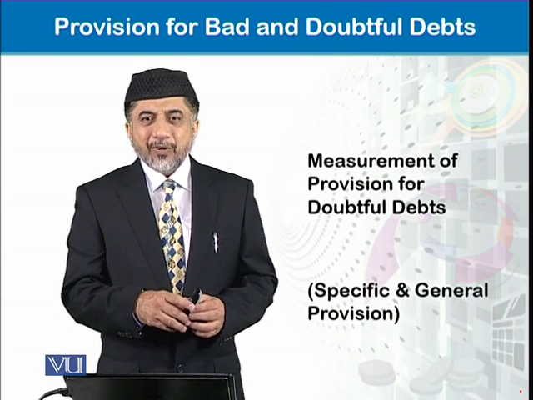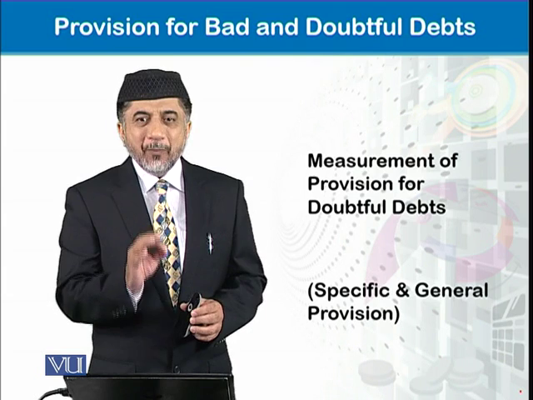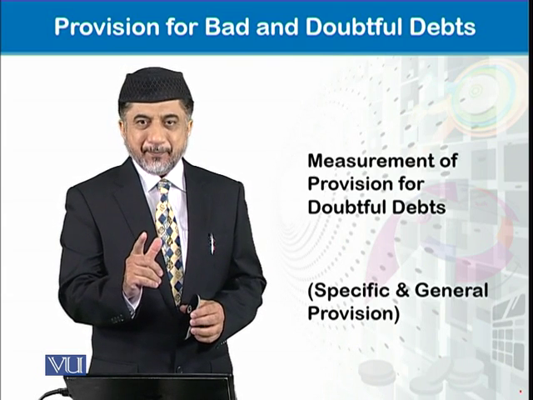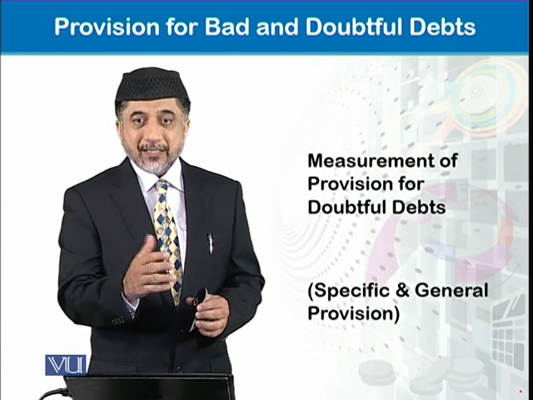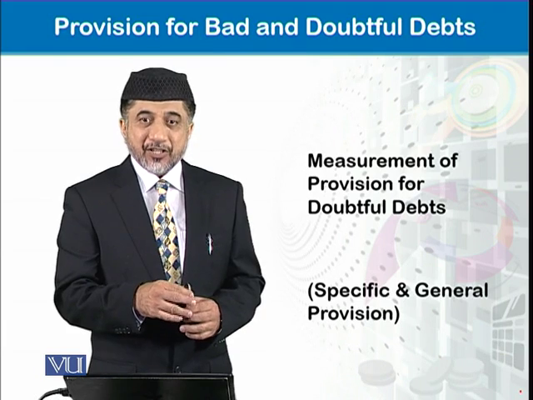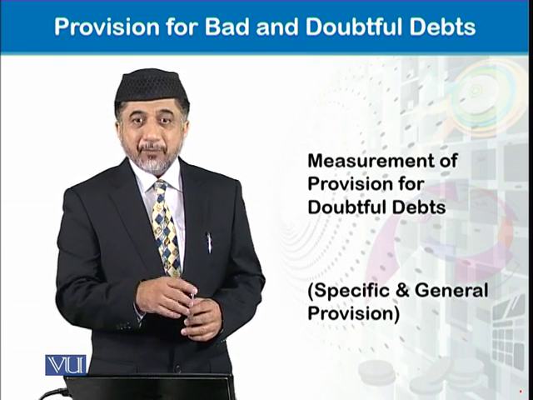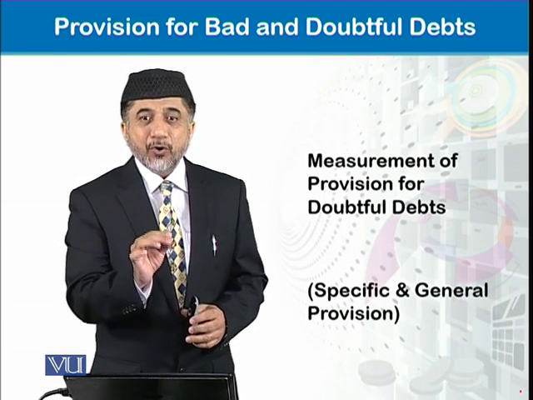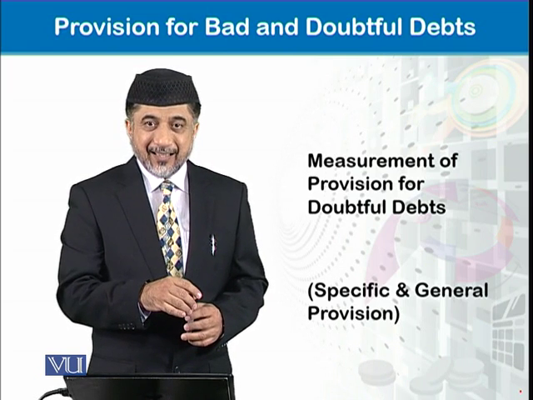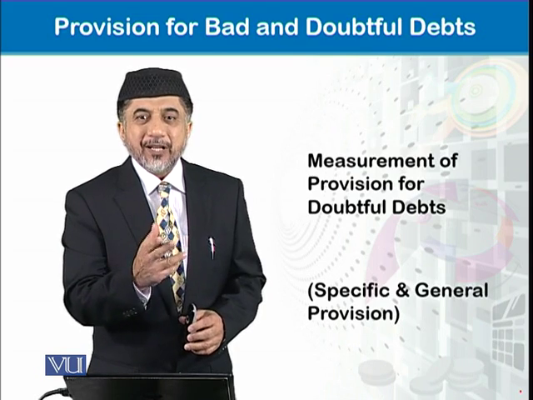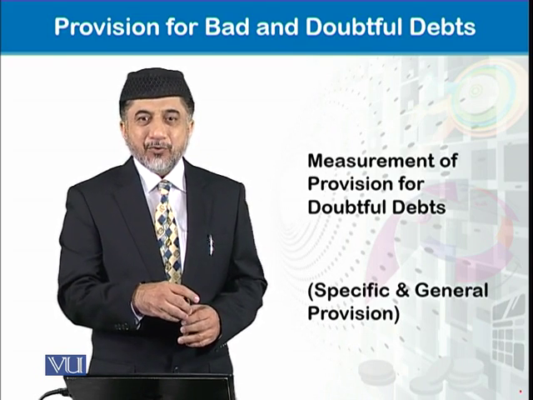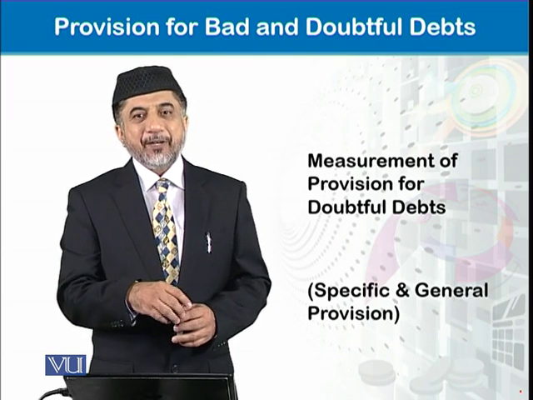Let me tell you one little thing over here. Normally, when we say provision is a liability, okay, of uncertain timing or amount, as per International Accounting Standard, provision is a liability. But at the same time, there are few provisions which are not liabilities, which are contra to assets, like provision for doubtful debts and provision for discount allowable.